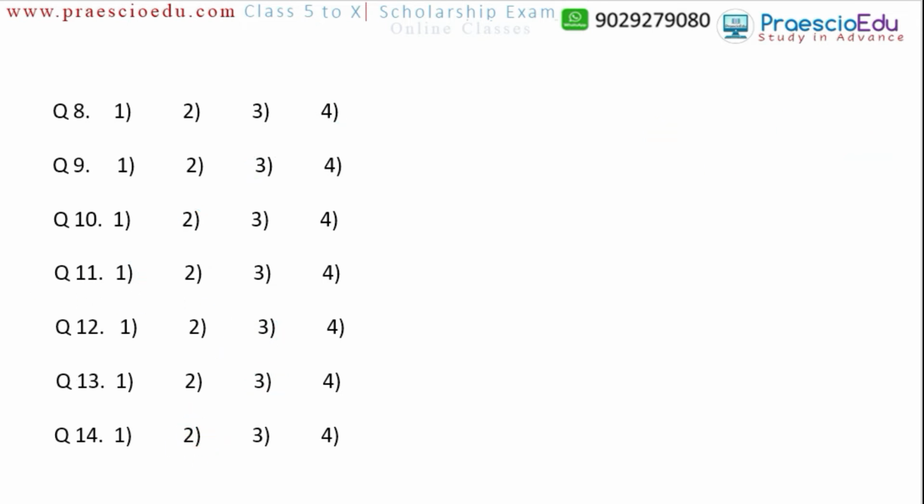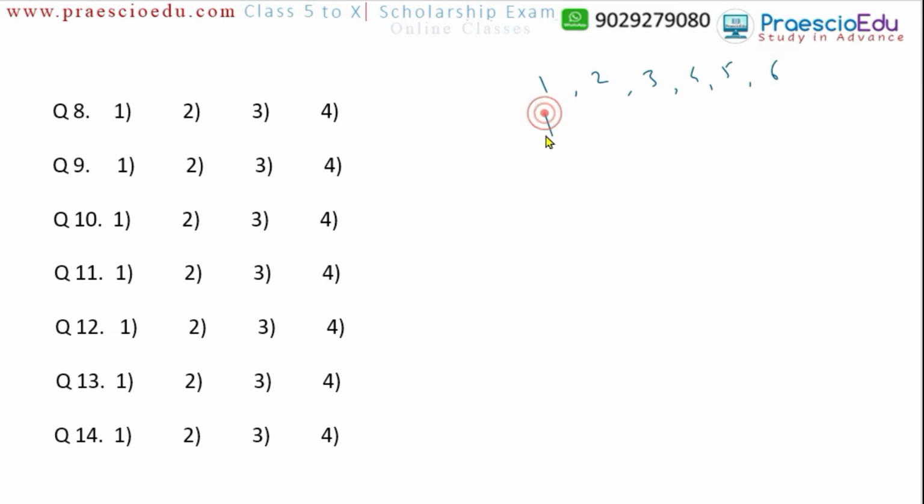Now question number 8: 10, 18, then 15 and 21. In this one, 18 is somewhat different, because 10 is a triangular number, 15 also a triangular number, 21 also a triangular number. We know a triangular number is built from the natural numbers 1, 2, 3, 4, 5, 6.